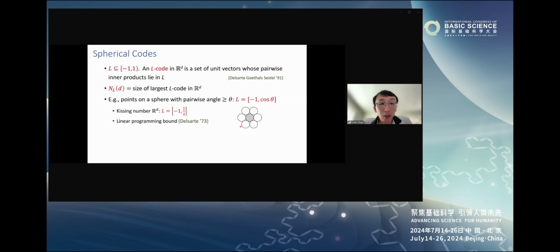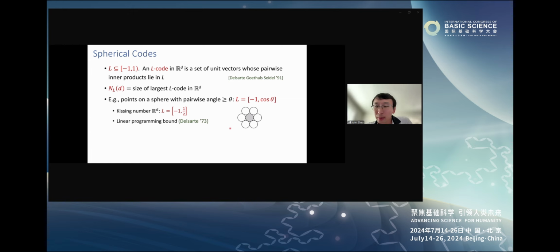The classical problem of kissing numbers or spherical codes corresponds to forbidding very small angles. And that corresponds to this L being this interval from -1 to some cosine of theta. So if you want all the vectors to be at least theta angle apart, then that's this problem of L codes.